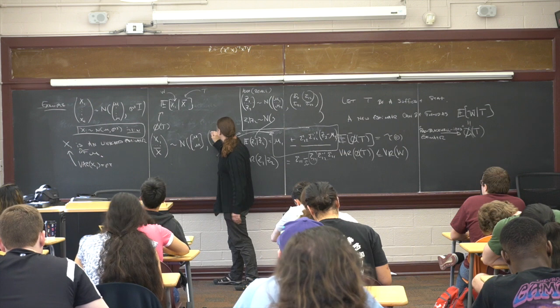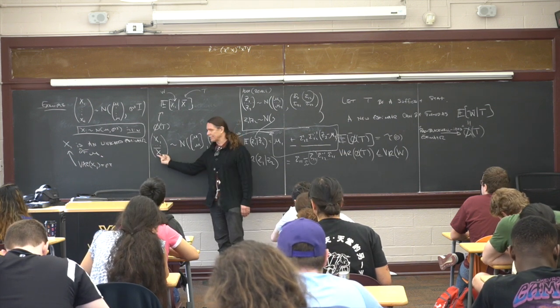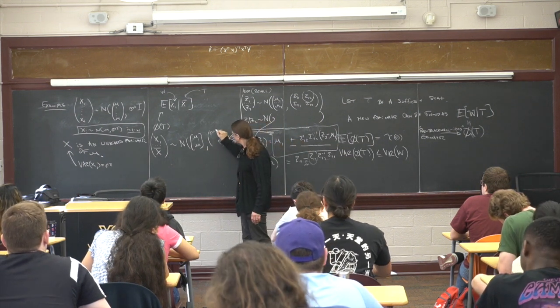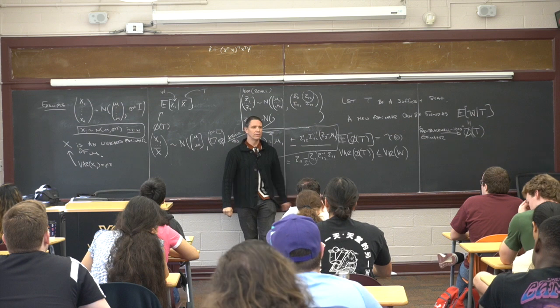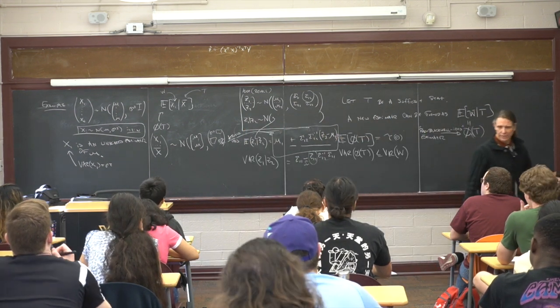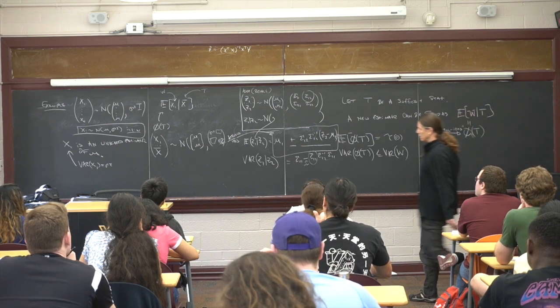X1 has variance sigma squared. We know what the variance for x bar is, sigma squared over n. What's this covariance? 0? It's not 0. X bar has x1 sitting inside of it. So they obviously are related to each other.